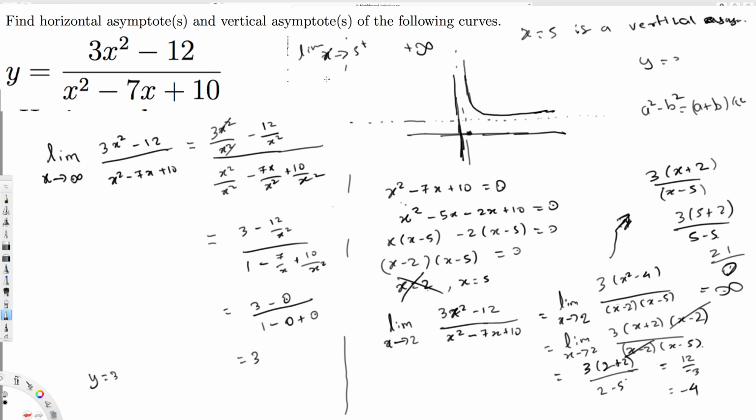From the left hand side, it is x approaching 5 minus, and in this case, the limit is going to be negative infinity. So this is the thing you have to remember, and that's all about it. This is how we find the asymptotes.